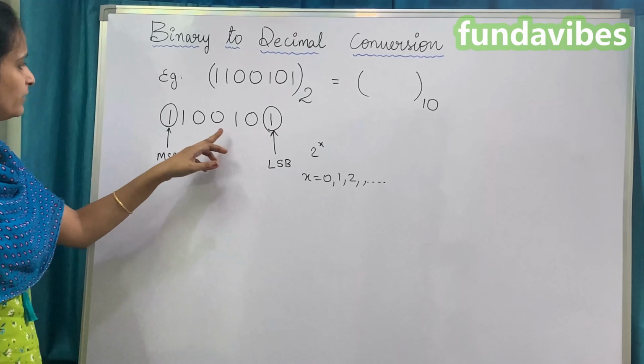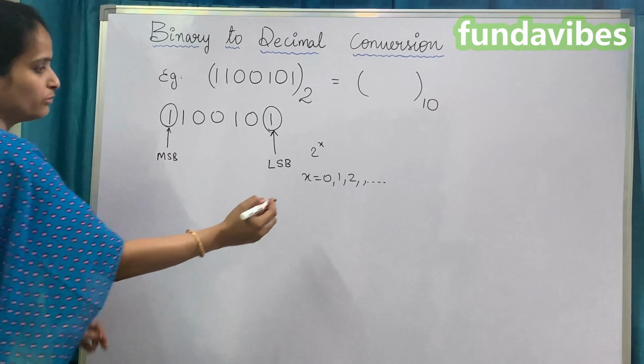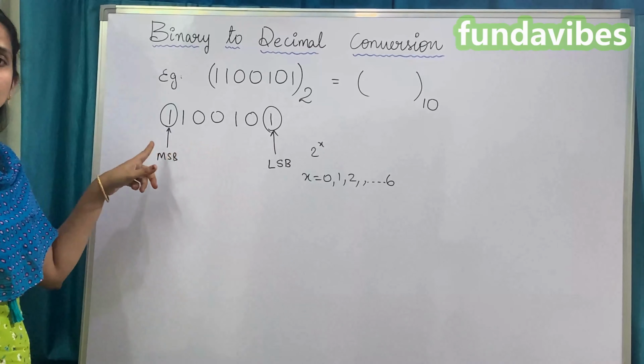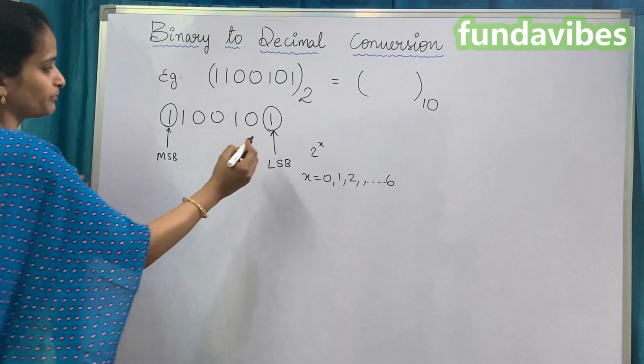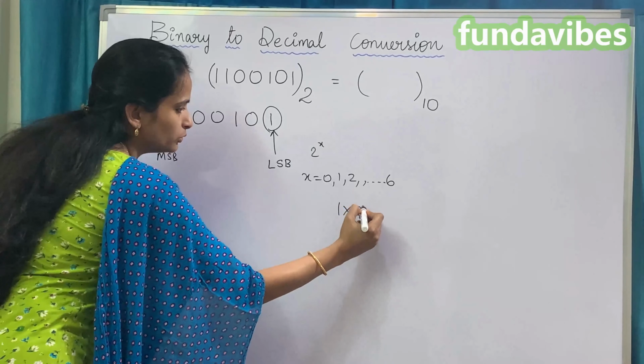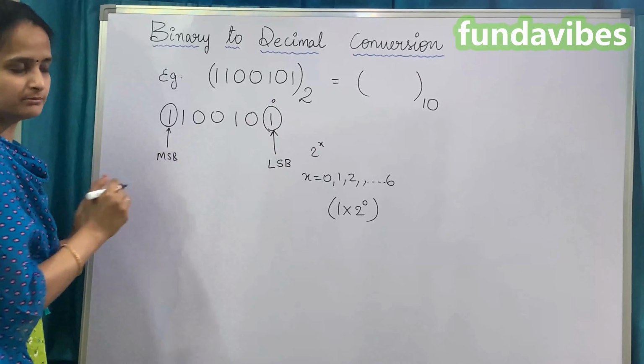Here we are having 7 bits. So starting from 0 to 6, we will multiply each and every bit. The first one will be 1 into 2 power 0, as this is the 0th bit.